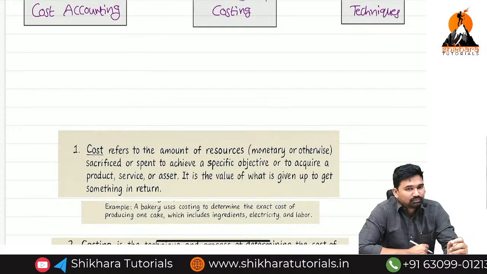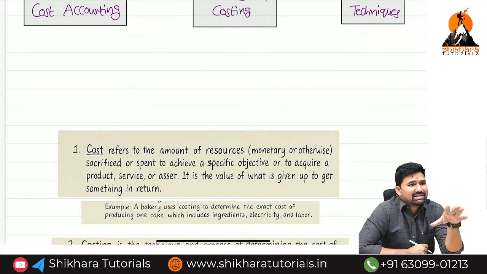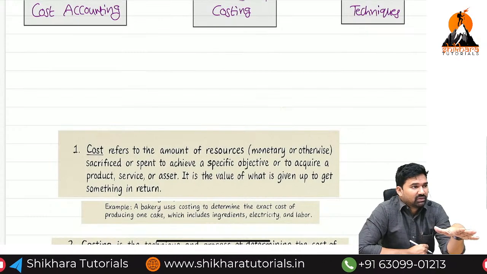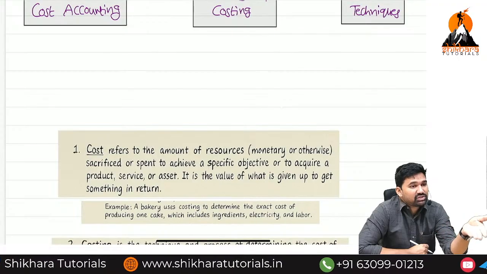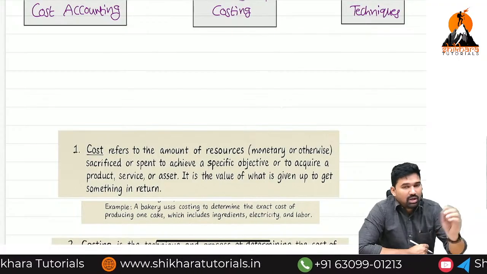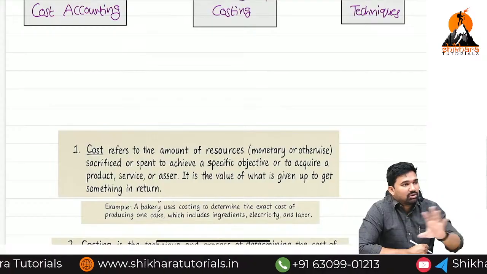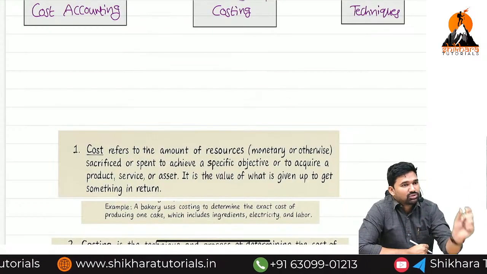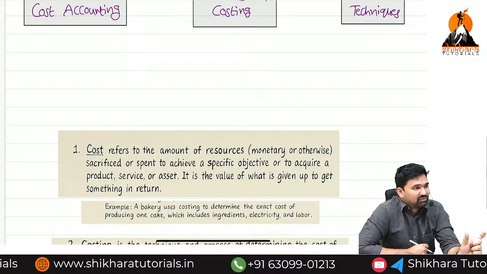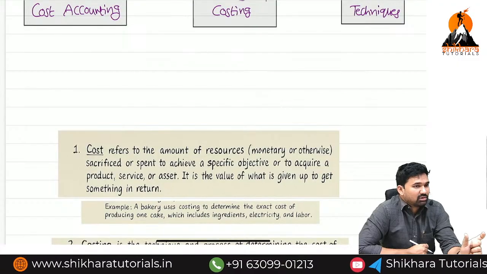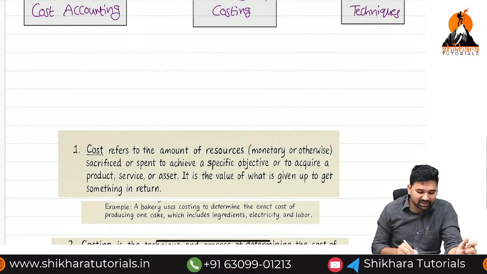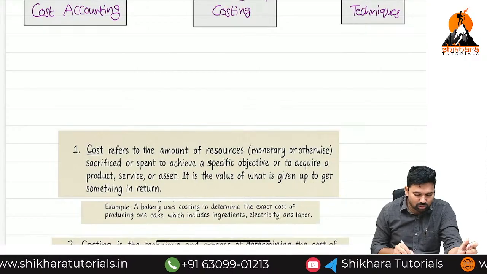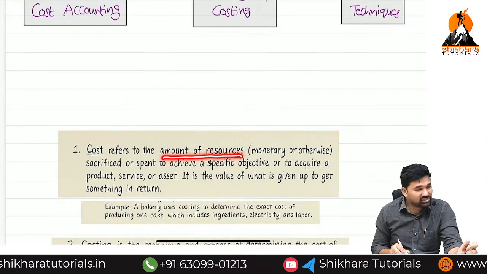So like that, in order to call it a study chair, we have to invest some sort of resources. All the resource costs, all the expenses, will amount to the ultimate figure, which we will call cost. So in simple terms, cost refers to the amount of resources.